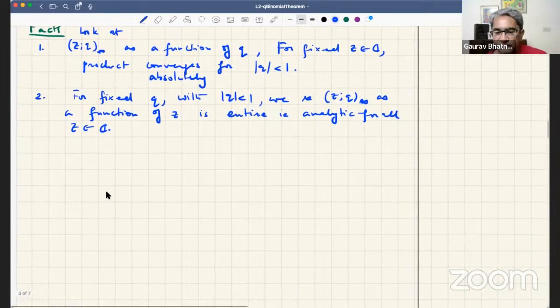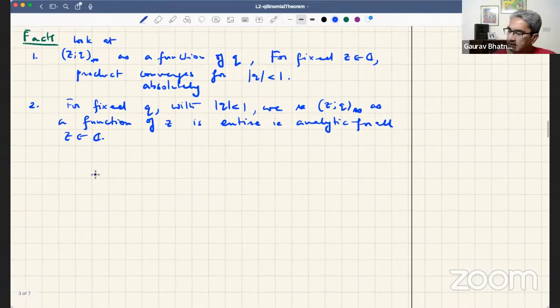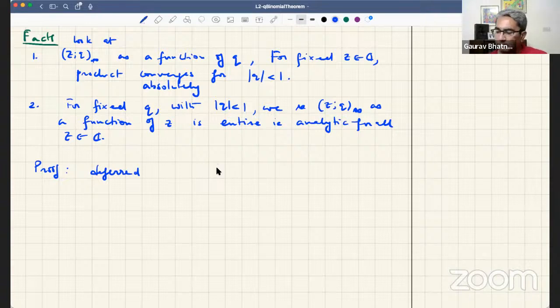Both these facts we will prove at some point. The proof is deferred until we do infinite products, but we might as well get used to manipulating these products first. So some remarks on these products.